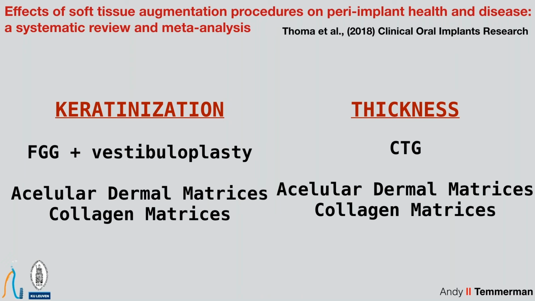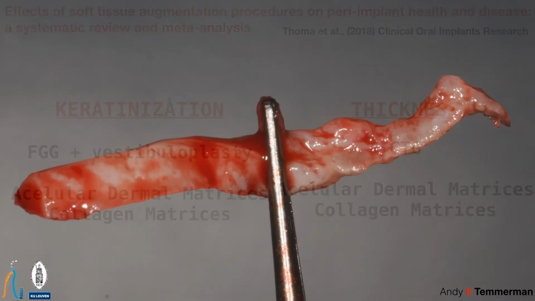Now, if we start with the soft tissue management, I think we can all agree that this involves some extra surgeries, extra morbidity for the patient, but this does not always need to be. The goal should be that achieving peri-implant mucosa that is keratinized, thick, and on top of that attached should be included into regular implant therapy and should be discussed with the patient beforehand.